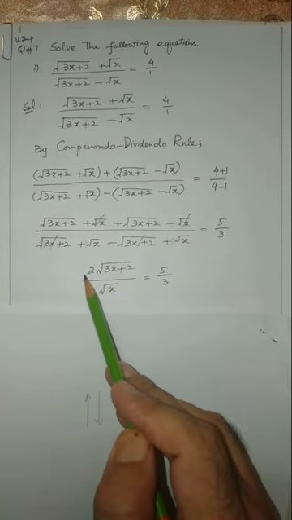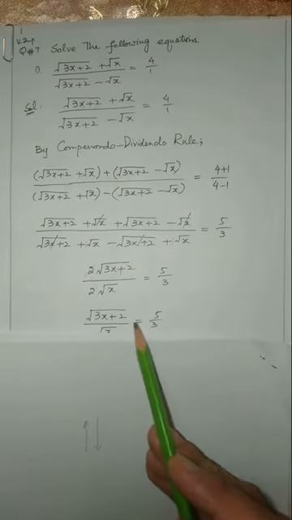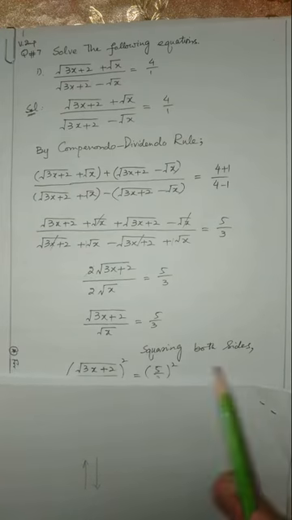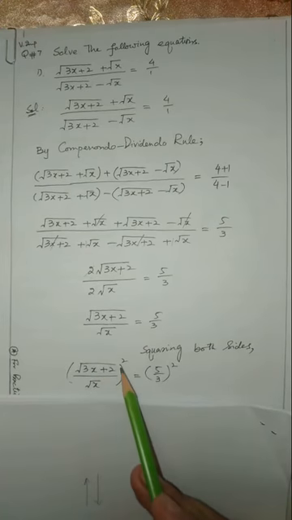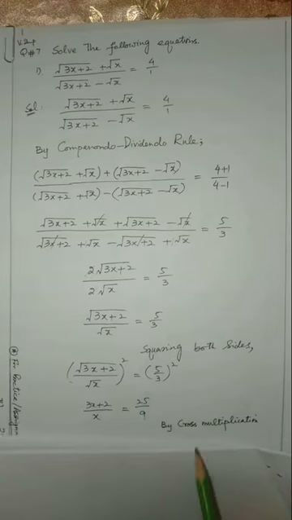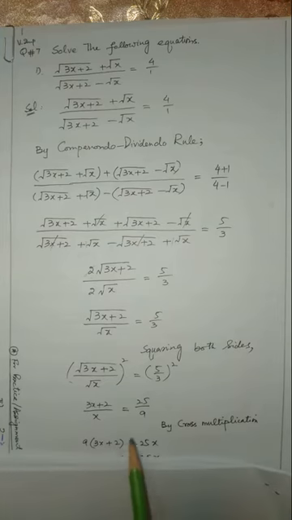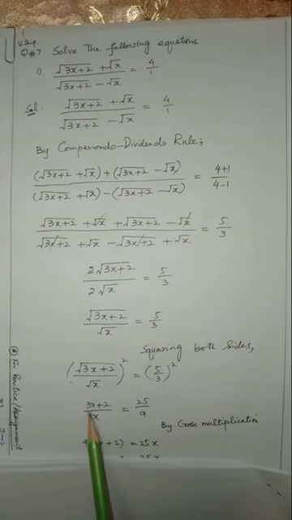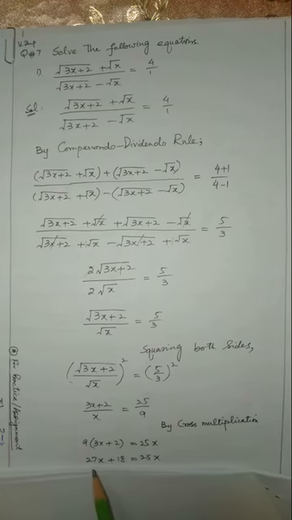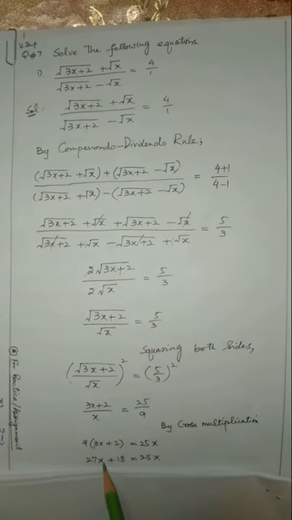2 cancel. Now to remove the square root, squaring both sides. Square and square root are cancelled and 5 5s are 25, 3 3s are 9. Now by cross multiplication, 9 will multiply with 3x plus 2 and this x will multiply with 25. 9 3s are 27x, 9 2s are 18.